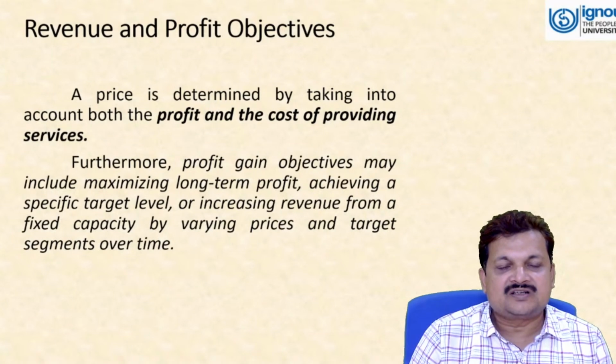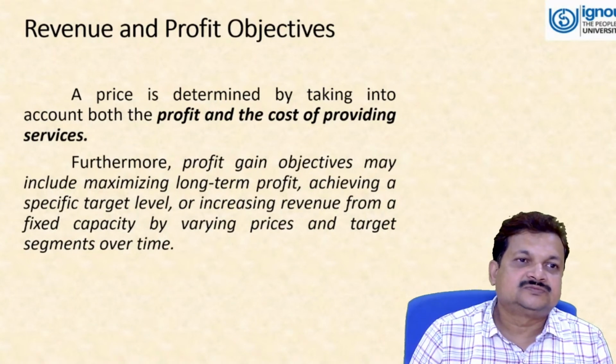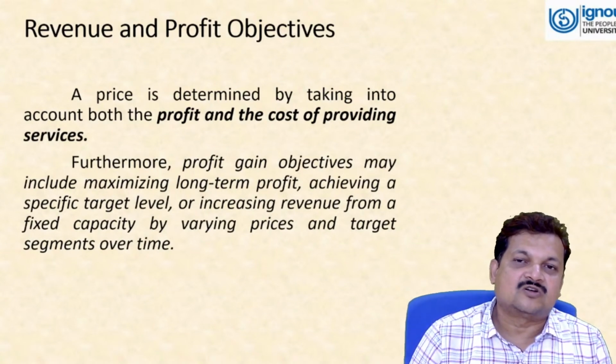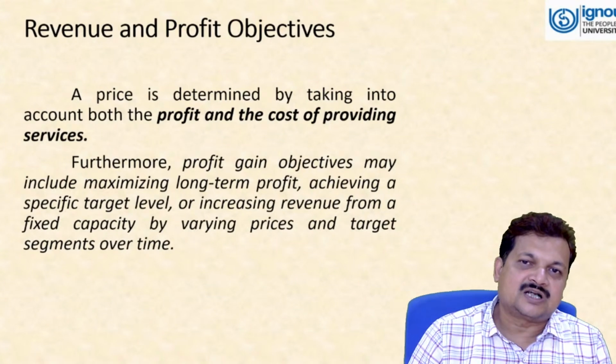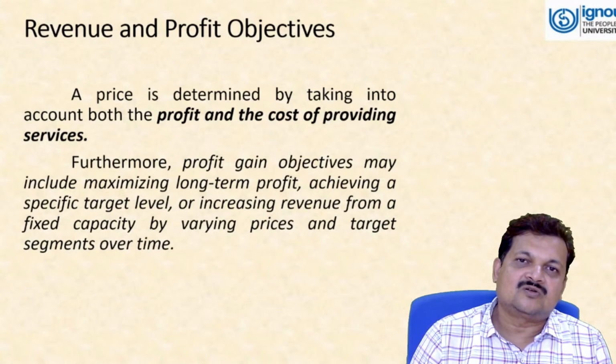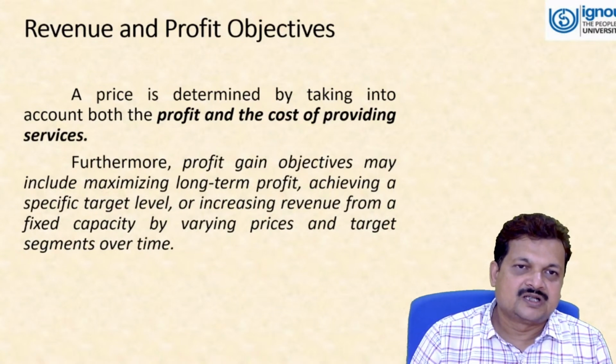And the cost of providing services, how many times the service engineer is busy with that particular product, how many times the service engineer has gone to that particular point to give the services. These are the costs associated from the company side for that product. So all these costs are associated with the product, and on the basis of that, they determine the selling price of the product.